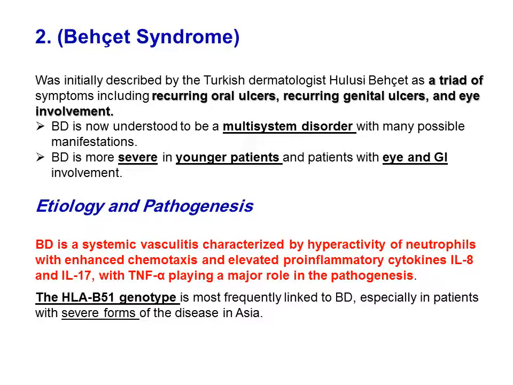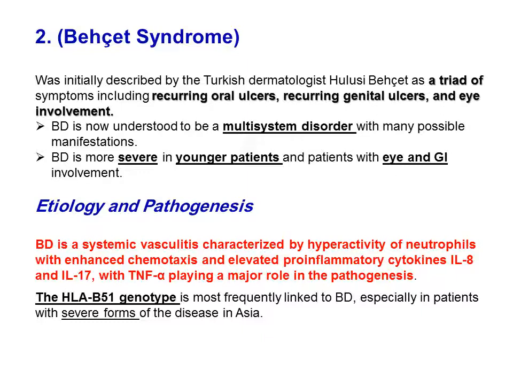Etiology and pathogenesis. Behçet syndrome is a systemic vasculitis characterized by hyperactivity of neutrophils with enhanced chemotaxis and elevated pro-inflammatory cytokines, interleukin 8, interleukin 17, and tumor necrosis factor alpha, all playing a major role in the pathogenesis.